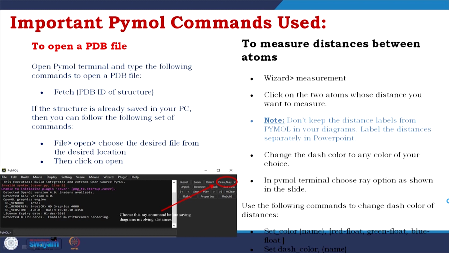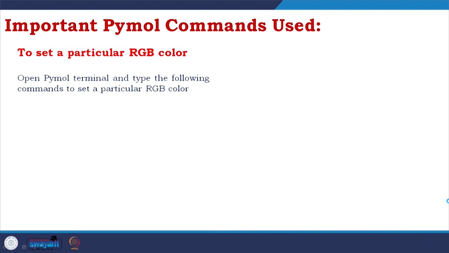Do not keep the distance label from Pymol, as I talked earlier. Label the distance separately in PowerPoint and change the color, and then in the Pymol terminal choose the ray option and use the following command to set the color and set the dash options. To set a particular RGB color, open the Pymol terminal and type the following commands.